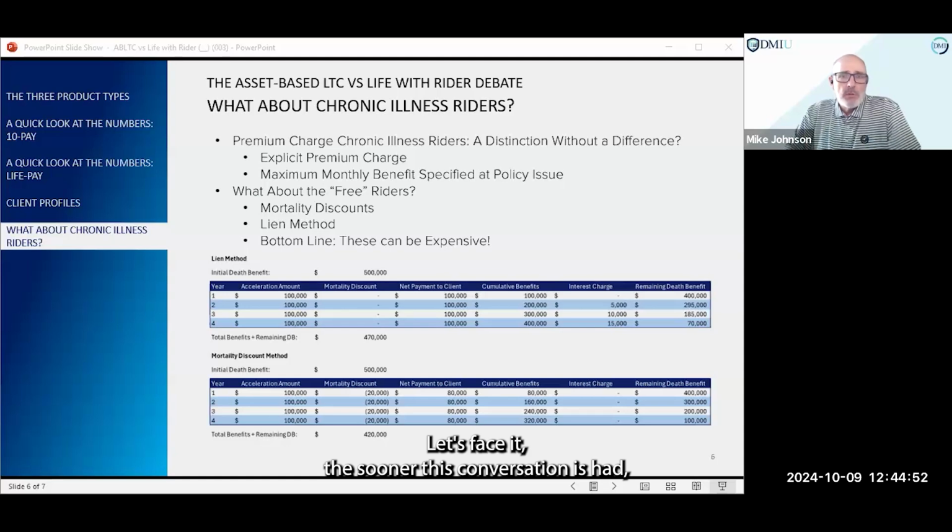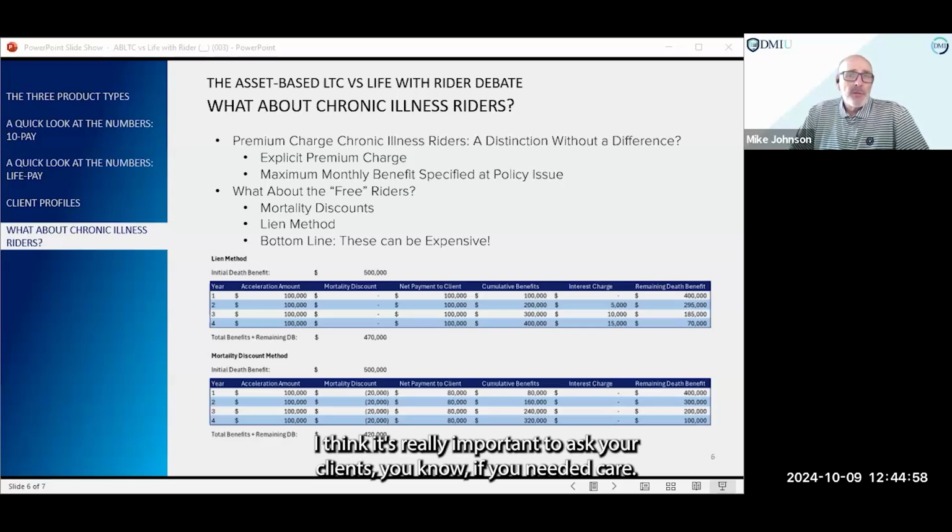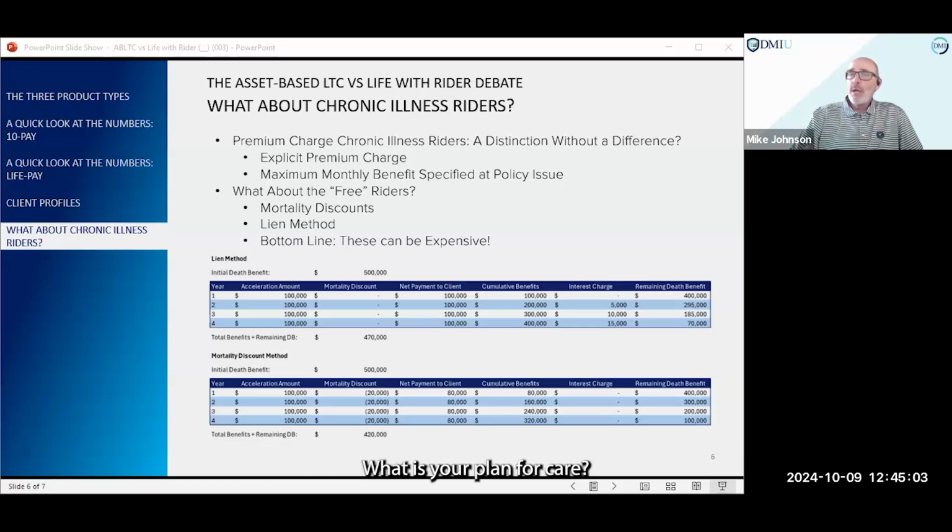Let's face it, the sooner this conversation is had, it's certainly for the better. For extended care needs, I think it's really important to ask your clients, if you needed care, what is your plan for care? And with that being said, what kind of care would you want? Who would provide the care? How would you receive that care? And more importantly, how would you pay for it?